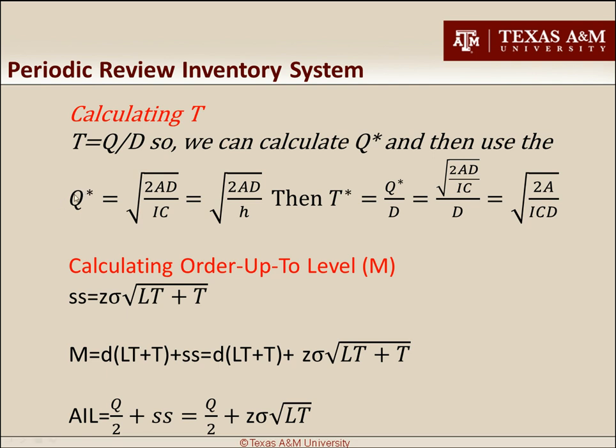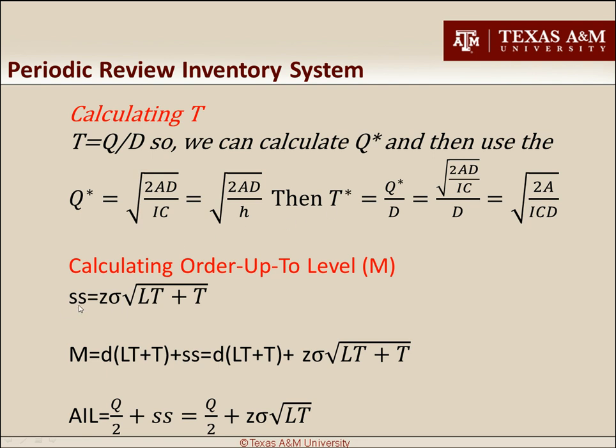If I know how to calculate the optimal Q, or EOQ, then I can use that to calculate T star, and you just do the math, divide by D, and that makes it equal to the square root of 2 times A divided by I times C times D. And that is basically how you can get the T value.